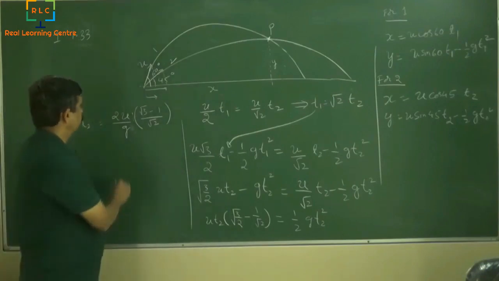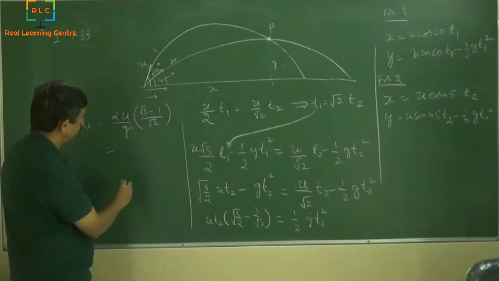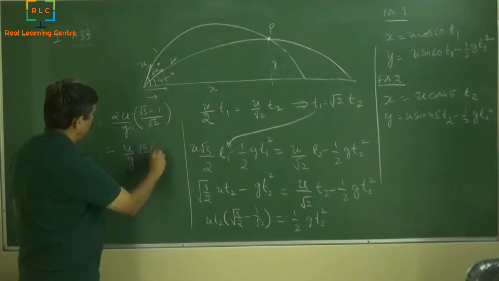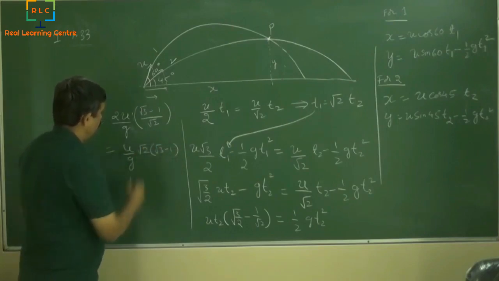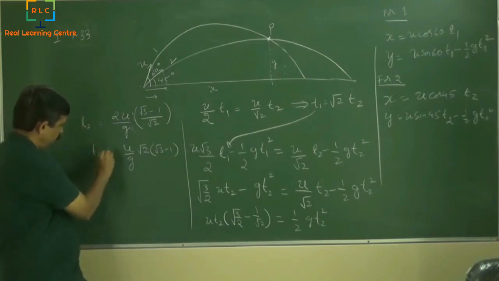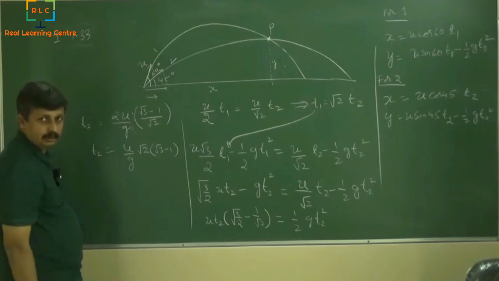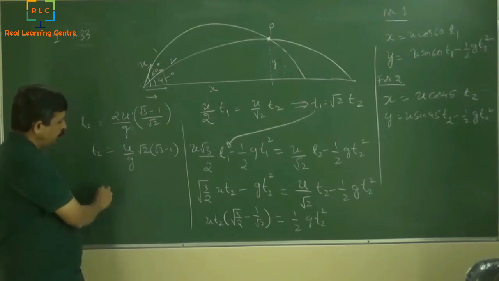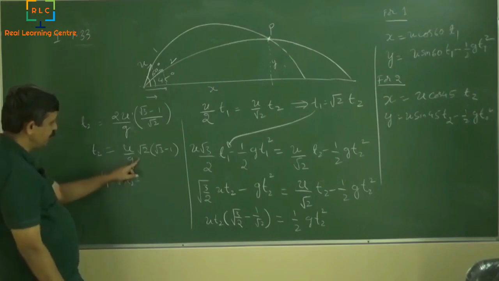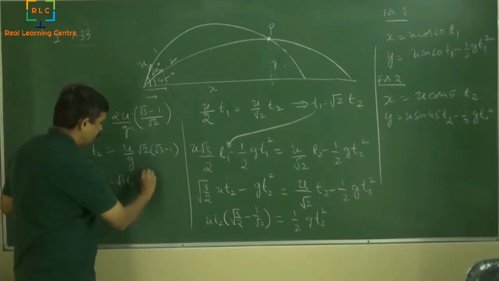So this can be written as u by g into, this is T2. Correct. 10 point something, correct. So T1 is actually nothing but root 2 T2, so root 2 into this much, which is nothing but 2u by g.